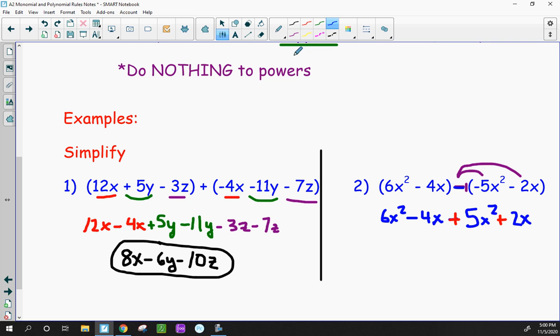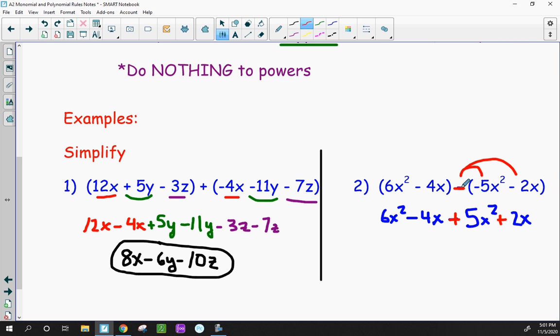So I've indicated here, let me erase this part, because again, making sure you understand, because if you miss this part, you'll miss all subtraction problems. If there is a minus sign in between polynomials, you have to change the sign of every term behind it. So notice that this one had a negative in front of the 5, and notice I dropped it down as positive. Same deal here, this was a negative, it becomes positive.